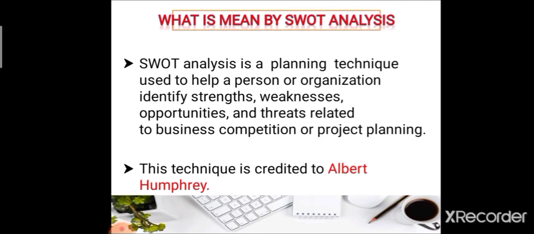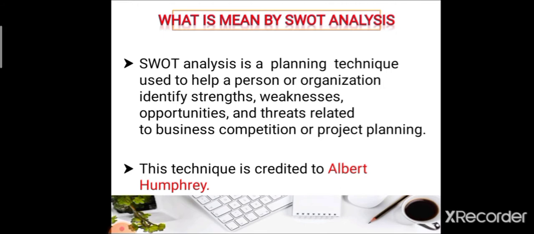After the acronym of SWOT, the next point is the meaning of SWOT analysis. What is meant by SWOT analysis? SWOT analysis is a planning technique used to help a person or organization identify strengths, weaknesses, opportunities, and threats related to business competition or project planning.